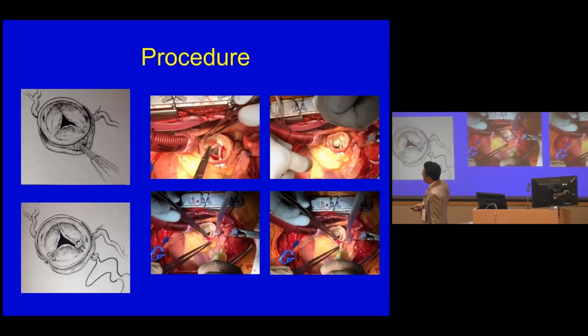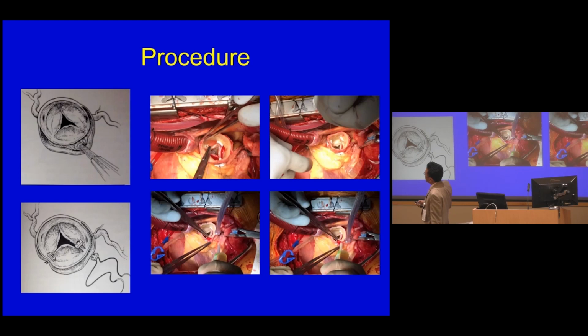So here in this lady, this is what she had. The commissures had completely avulsed, that's the valve commissures off of the aortic wall. And so we do commissuroplasties, basically pledgeted U-stitches from the inside out to resuspend the valve.